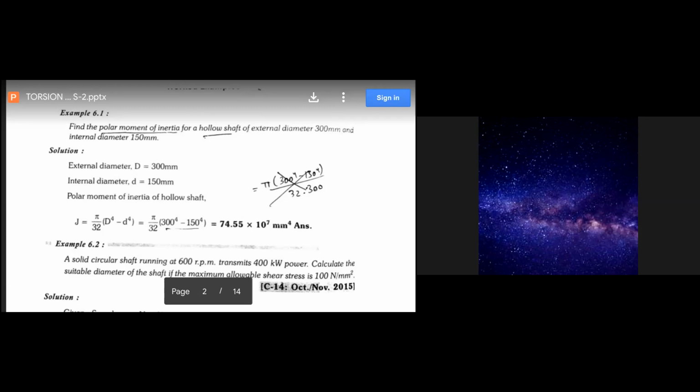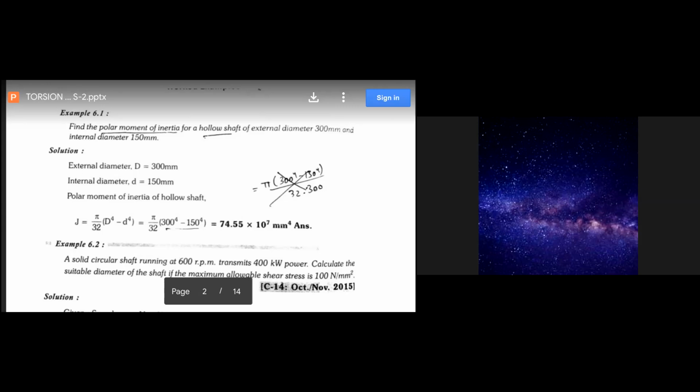The polar moment of inertia of a hollow shaft can be represented by IZZ, that is the moment of inertia of the hollow shaft about its normal axis, the Z axis, IZZ, and we can represent it by the letter J also, that is J equal to IZZ equal to, by the direct formula, pi by 32 into capital D power 4 minus small d power 4, where capital D is the outer diameter and small d is the inner diameter.